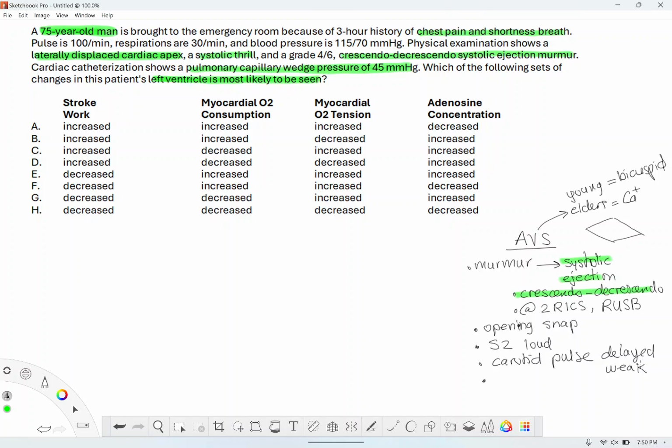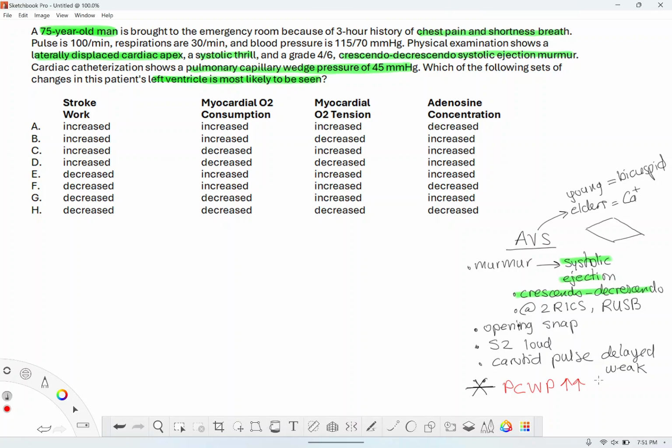To make it aortic valve stenosis, they give you additional information, which I'm going to write here in red just to differentiate. That is the pulmonary capillary wedge pressure. It's 45, and the normal pressure is usually 17 on average, so 45 is high, so this is increased.